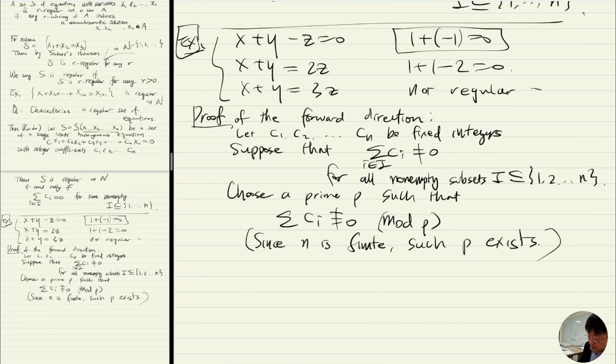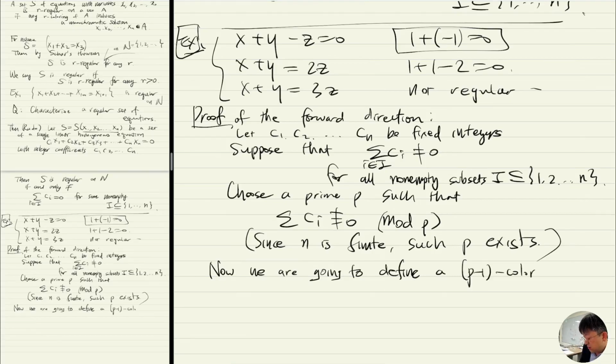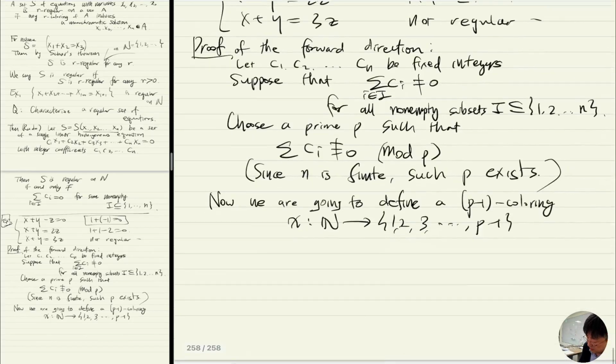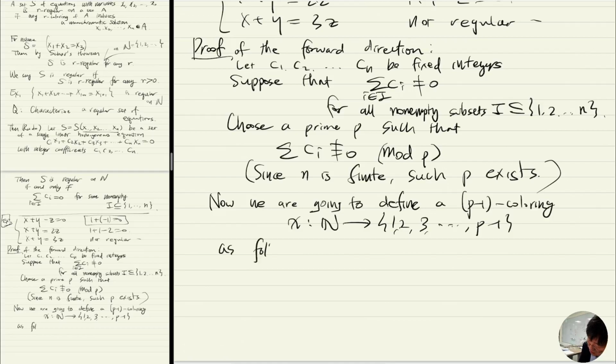Now we are going to define a p minus 1 coloring chi of 1, 2, 3 up to p minus 1 as follows.